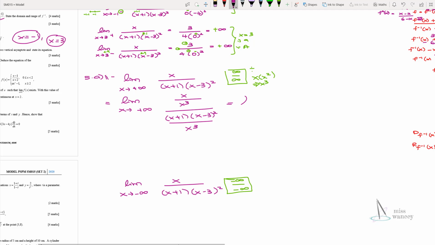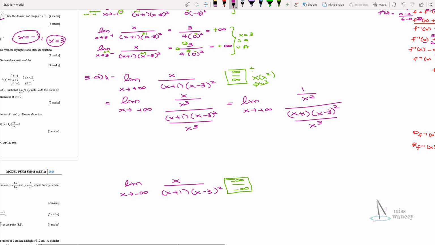So this is the limit as x approaches positive infinity, 1 over x squared over (x plus 1)(x minus 3) squared over x cubed.